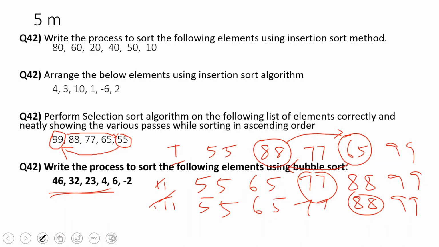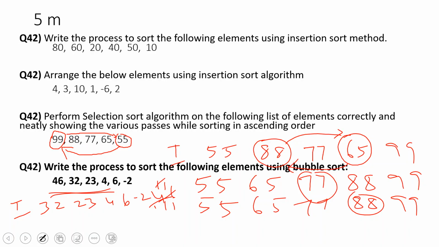So 46 and 32 will be interchanged, 46 and 23 will be interchanged, 46 and 4 will be interchanged, 46 and 6 will be interchanged, and 46 and minus 2 will be interchanged. So in the first pass, the final answer is 32, 23, 4, 6, minus 2, and 46, like this. I'm writing roughly.